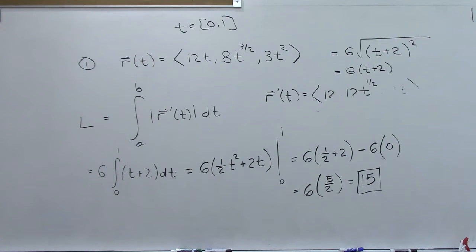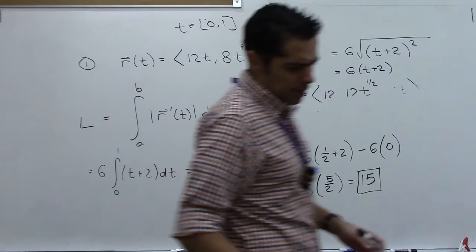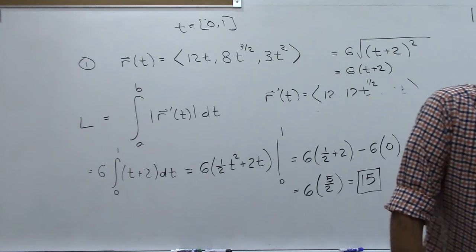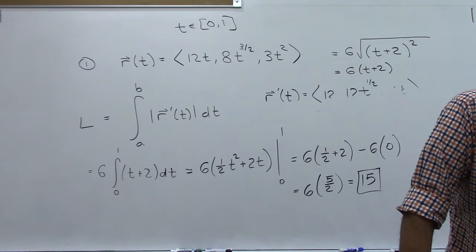Okay, so I'll let you do 2 and 3 on your own. Let me see, do I want to do anything else in there? Find the length of the curve, correct to 4 decimal places. Nah.